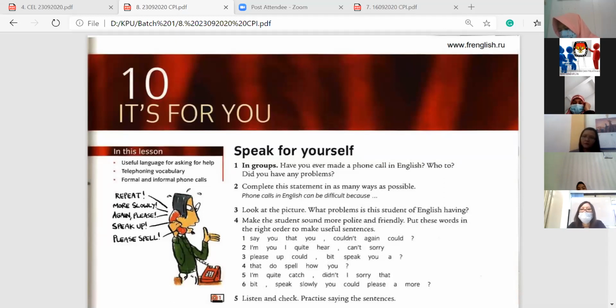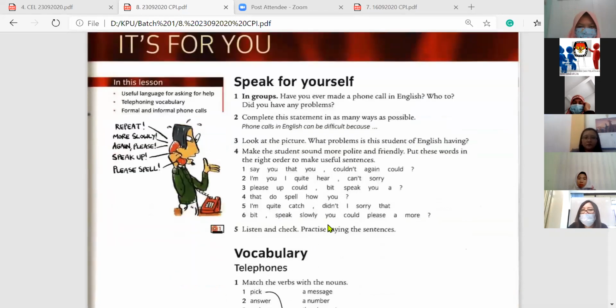These three are the same: a little bit more, a bit more, or a little slowly. Could you speak a little slowly, please? And there is no difference when we put "please" at the end or at the beginning: "Could you please speak a little more slowly?" It's the same. Very good. Now, let's go to the next one.